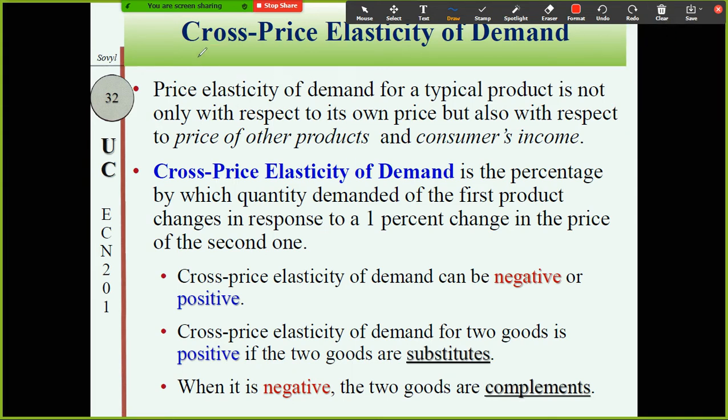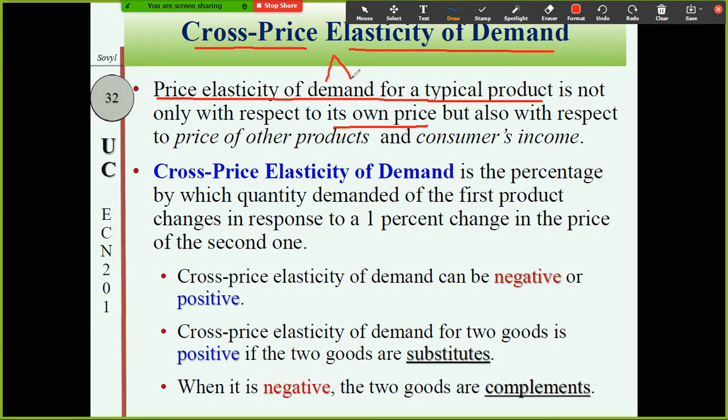But in this case, cross price is a relationship: cross price elasticity of demand. Price elasticity of demand for a typical product is not only with respect to its own price. What does it mean?